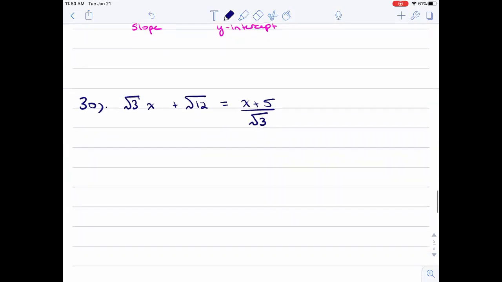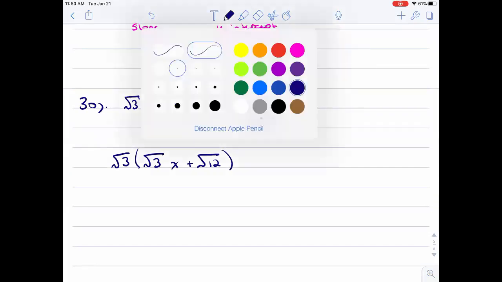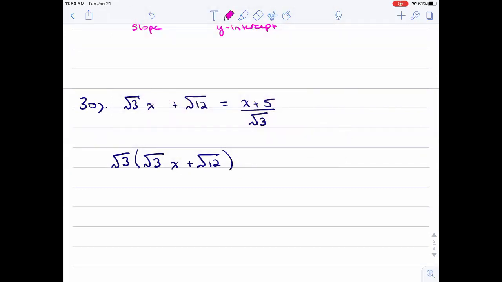So what that's going to look like is we've got the square root of 3 times the square root of 3x plus the square root of 12, because this guy got multiplied to there. Makes sense to me to draw the arrow that way, but technically it got multiplied over to here.